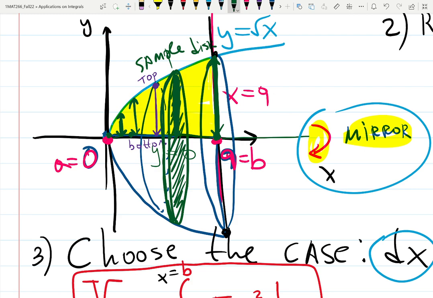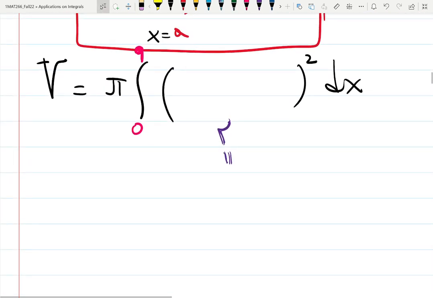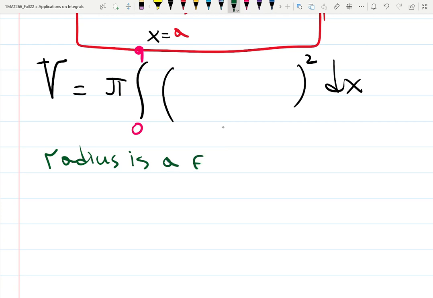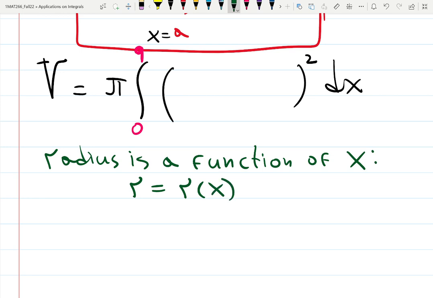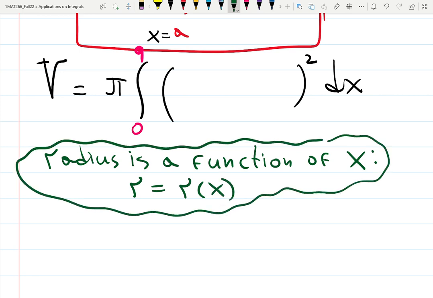That's why the radius is a function of x in this case, or of y for case 2. R is r of x. That's how we write down if we want to make a point that something is a function.